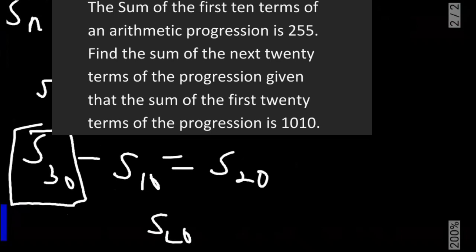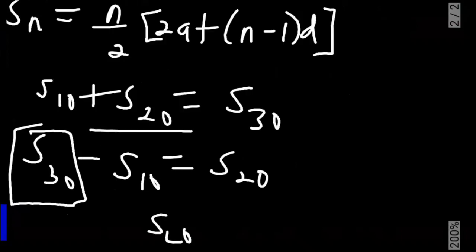You were told to find the sum of the next 20 terms. So that would be the sum of the first 30 terms minus the sum of the first 10 terms. So our focus now is to get the first term and the common difference. Then we get the first 30 terms.